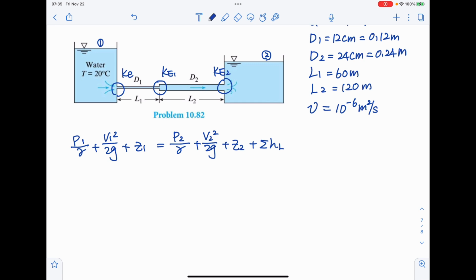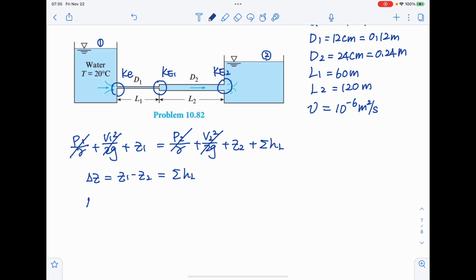For the 2 points, which are the water surfaces, P1 is 0, P2 is 0, V1 is 0, V2 is 0. Okay, that only leaves us the elevation terms and head loss terms. So Z1 minus Z2, which is the delta Z we need to find, equals the sum of head losses.